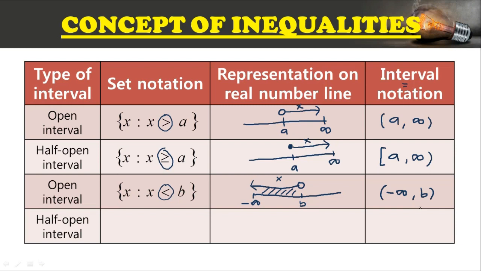Okay, dia dari negative infinity sampai b. X tu nilai dia. And lastly, x less than or equal to b. So our number line only has b. Since our sign is less than or equal, that means our circle should be a filled circle. Okay, and then x is less than or equal to b. So the arrow is to the left.